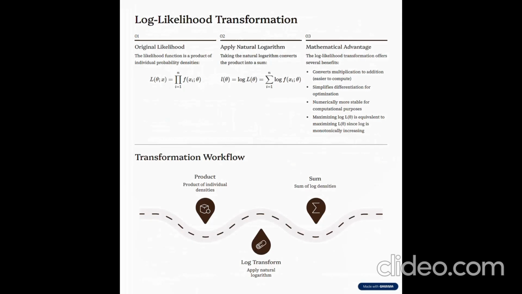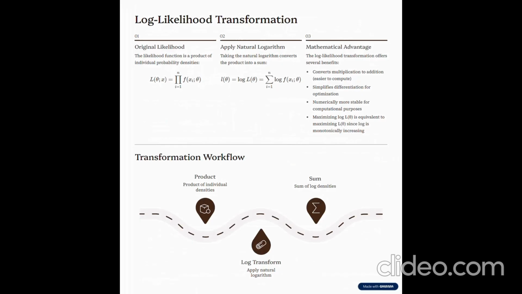In practice, we rarely work with the likelihood function directly. Instead, we use the log likelihood. Why? Because multiplying many tiny probabilities together often leads to numbers so small that computers struggle to handle them accurately.